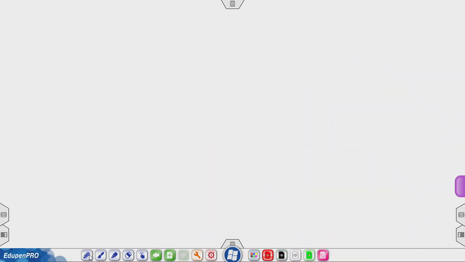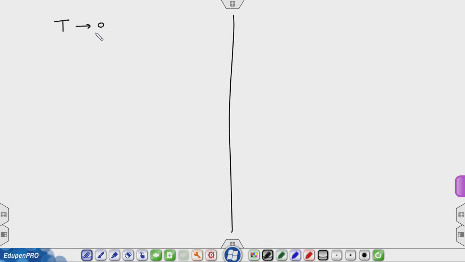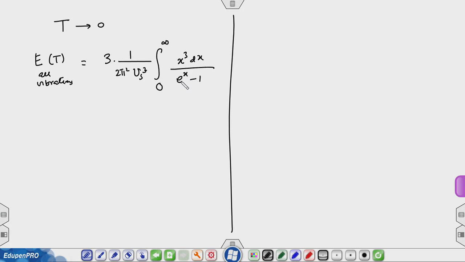Now, let us go to 0 degrees. If I take T going to 0, I am going to get E at temperature T for all vibrations. I will multiply by 3 right away, is equal to 3 times 1 over 2 pi squared Vs cubed integration. As T goes to 0, the upper limit will go to infinity. Then I get x cubed dx over e raised to x minus 1, and there was this kBT raised to 4.